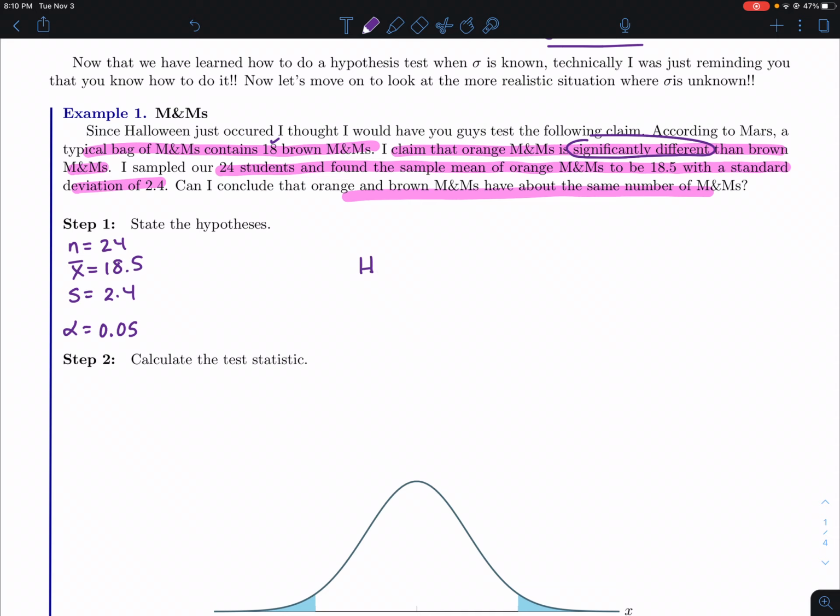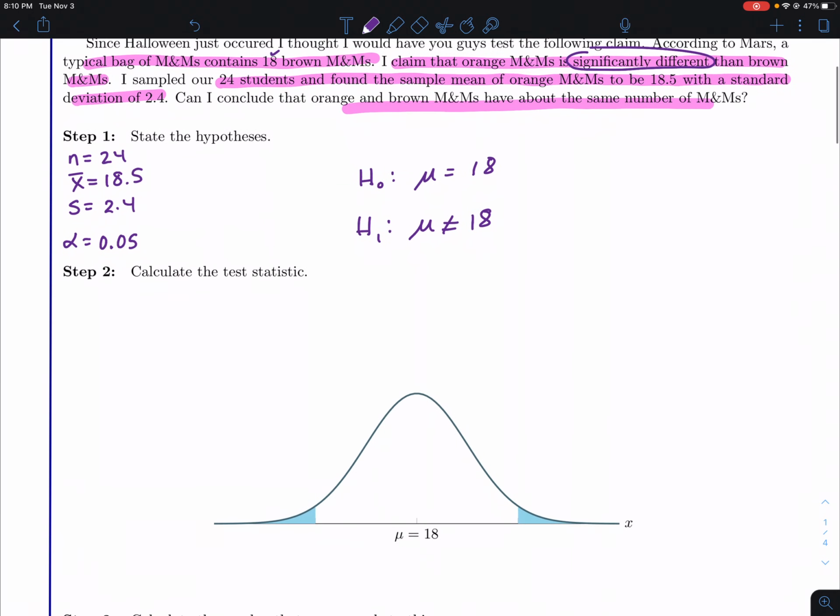So our H naught and our H1: mu is equal or not equal to 18. H naught is mu equals 18 in this case. So that's our hypothesis.